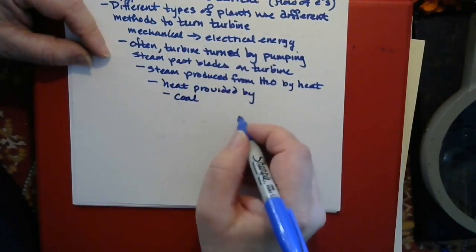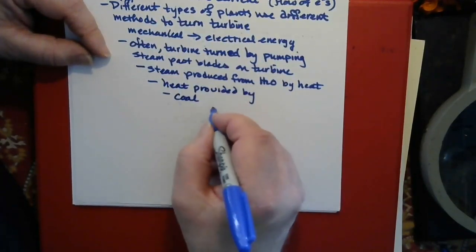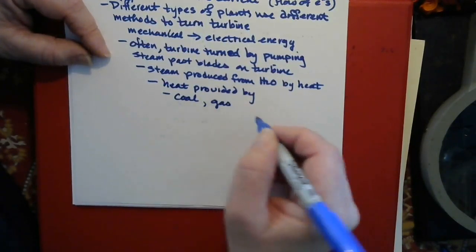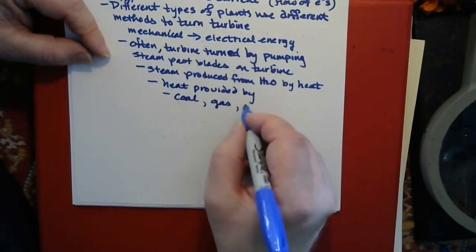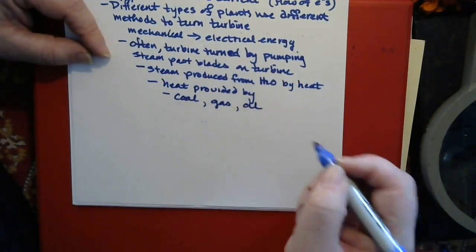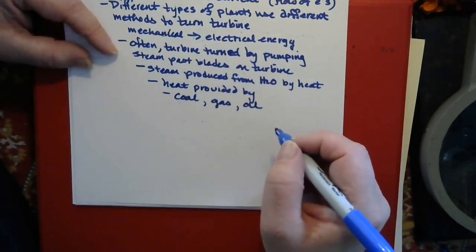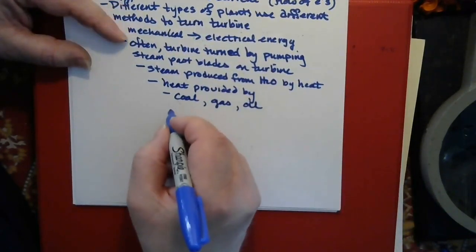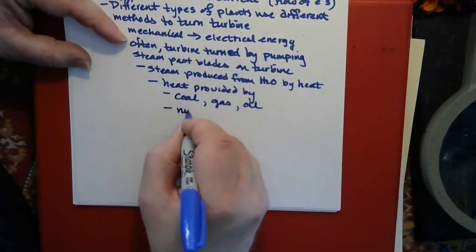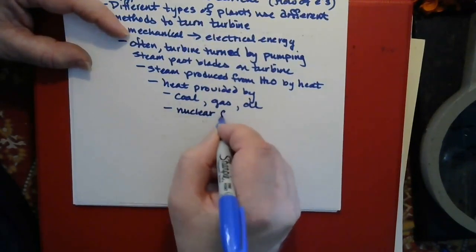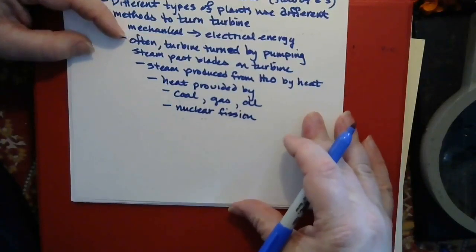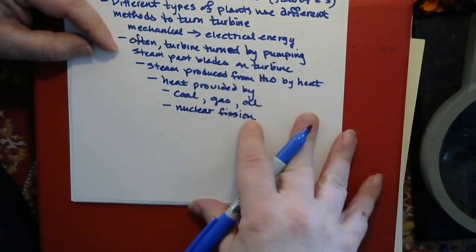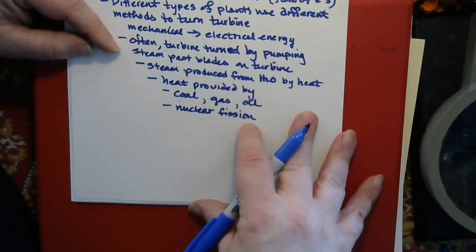Well, you can burn coal, you can burn natural gas, you can burn oil. There are a few plants here and there that burn petroleum. You can use nuclear fission. So heat from a nuclear reaction can be used to heat water. That's how most nuclear plants work.